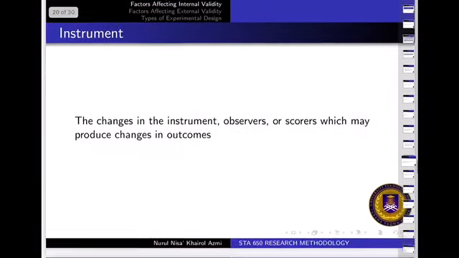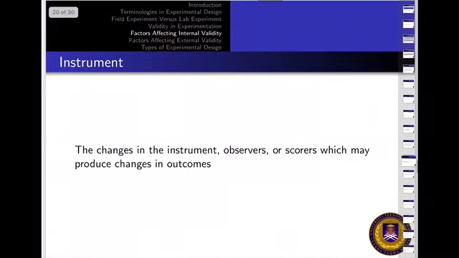Okay, and then the instrument used, the changes in the instrument, observers, or scorers which may produce changes in outcome. Kadang-kadang instrument yang kita pakai pun, questionnaire, ataupun orang yang pergi hantar questionnaire tu pun, will affect the internal validity.